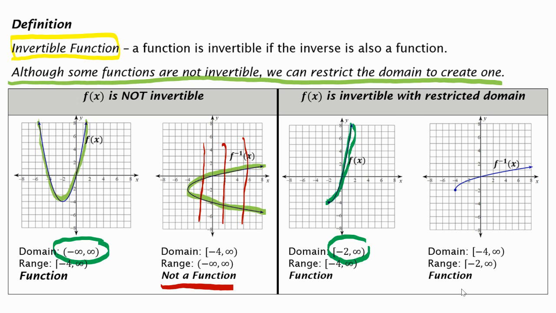And so this is still a function, but now if I was to invert it, I would get something that is a function. So this new inverse is really just the same as this, but I only used the top part of it. If I did the vertical line test, it would now pass the vertical line test, and it would be considered a function.